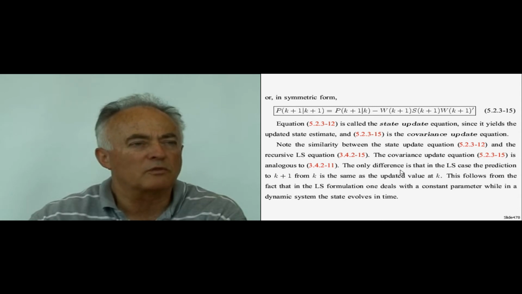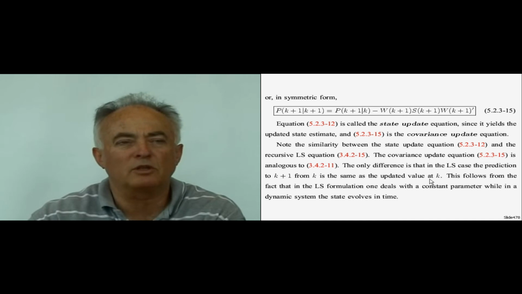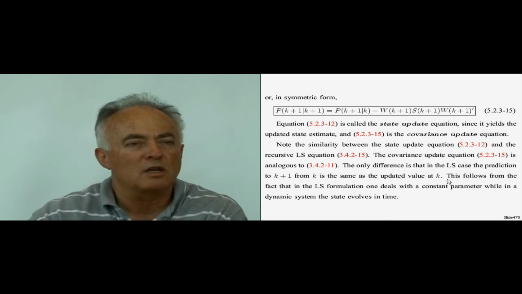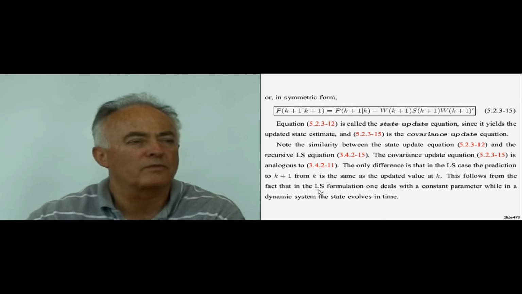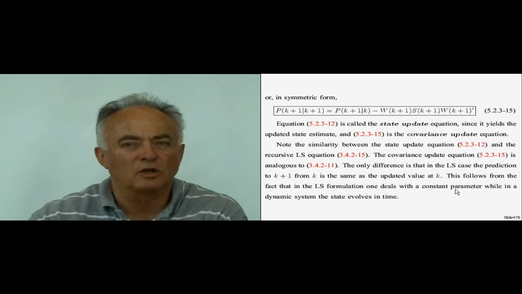There is a small difference in the least squares case. The prediction to k plus 1 from k is the same as the previous updated value at k, and this is a consequence from the fact that the least squares formulation deals with the constant parameter, which means your current estimate is the same as any prediction to a future time.